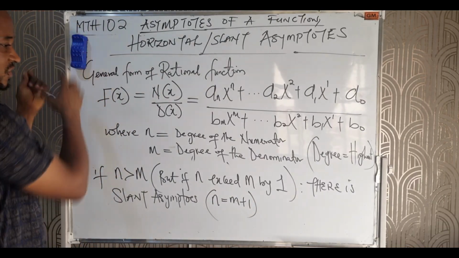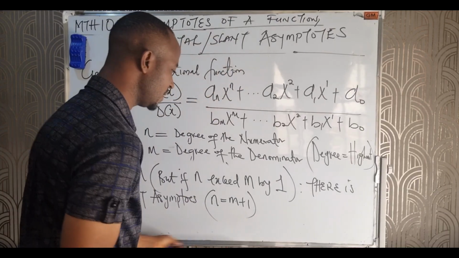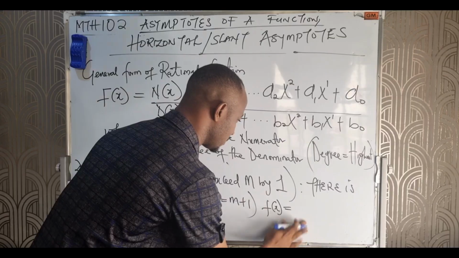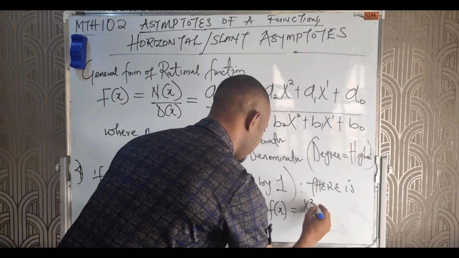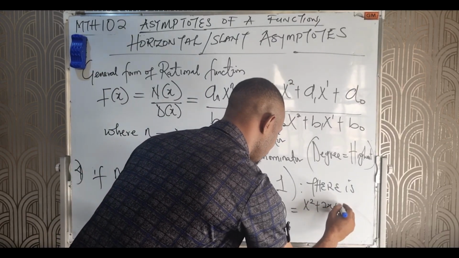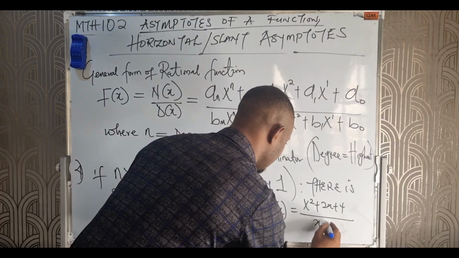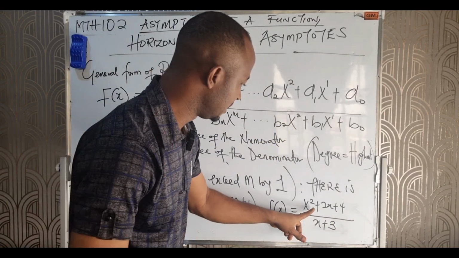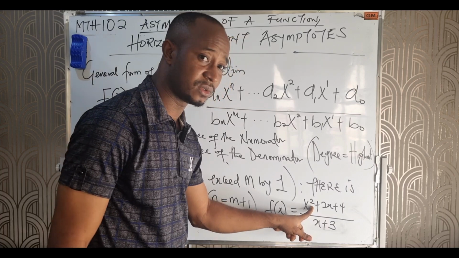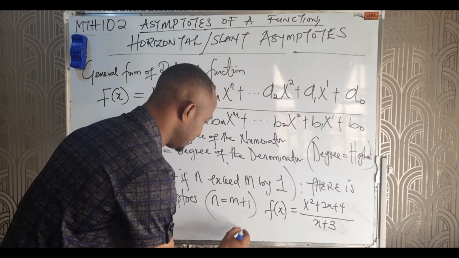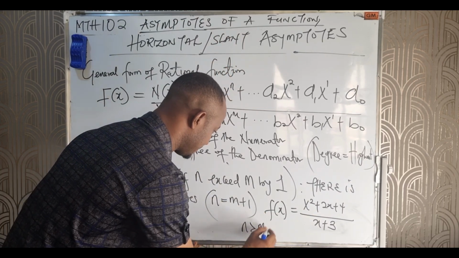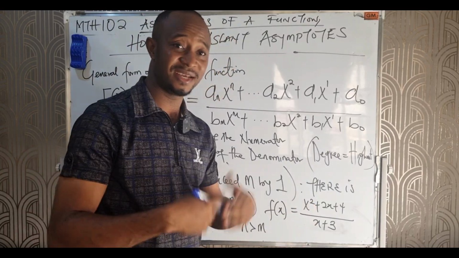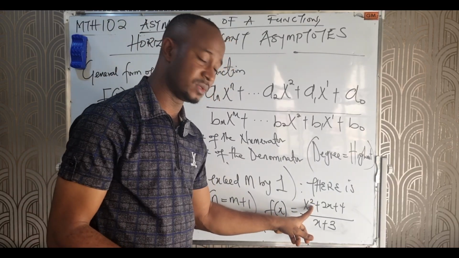Now, let me give an illustration. If I have a function f of x equals x squared plus 2x plus 4 divided by, let's say, x plus 3. What you notice here is that the degree of the numerator is greater than that of the denominator, n is greater than m. Degree means the highest power. The highest power here is 2, and here it is 1.